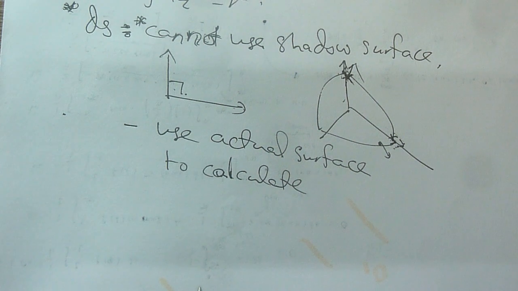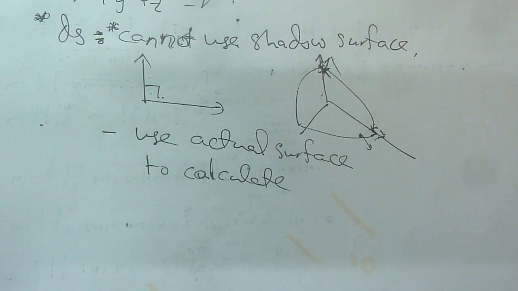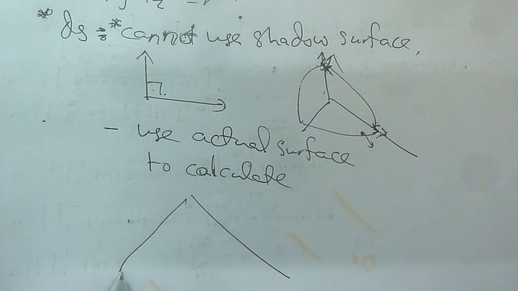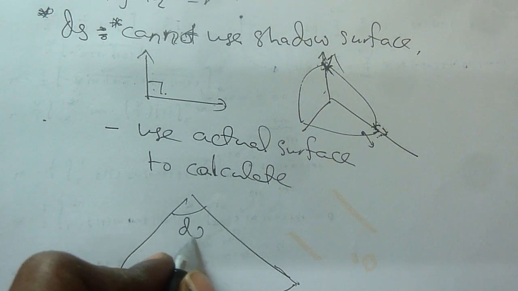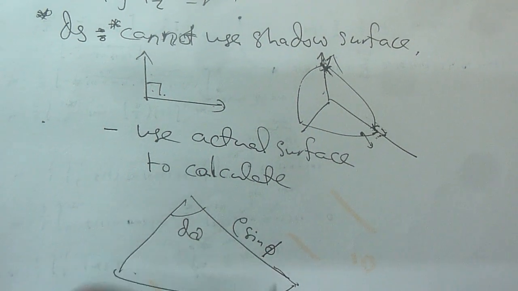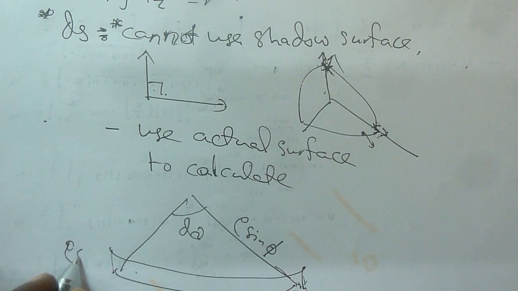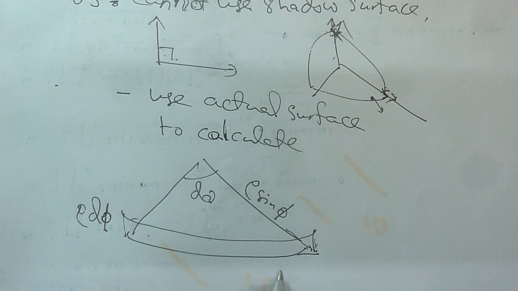This is the challenge. In order to use the surface to calculate, I don't have much time, so I quickly go through the surface again. We know this is ρ sin φ. I repeated this several times, so I'm not going to repeat it again. ρ dφ here. Please see the revision.